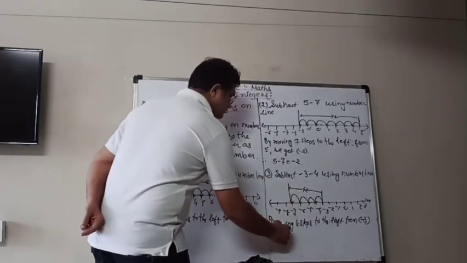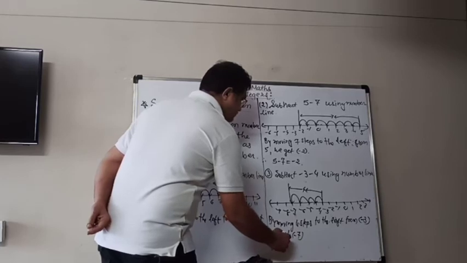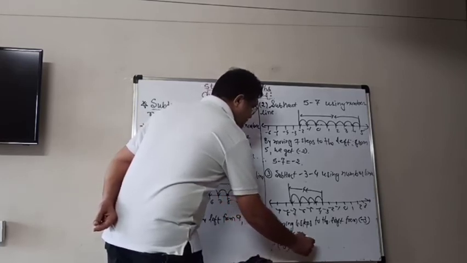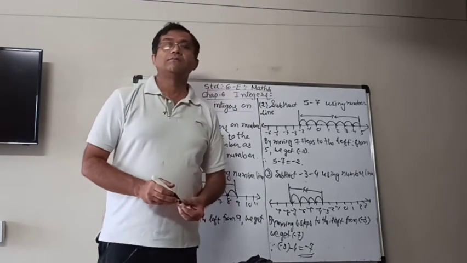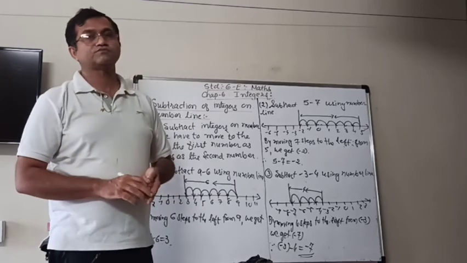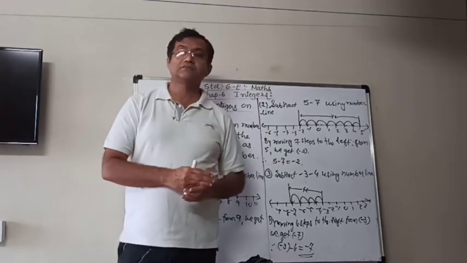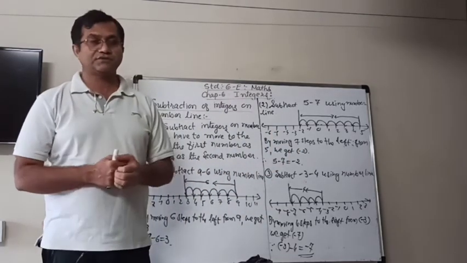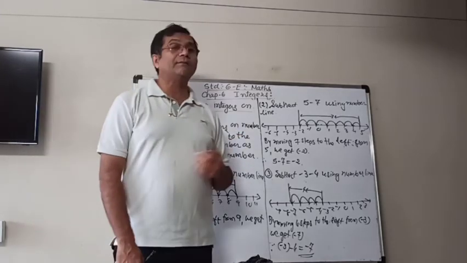Minus 7. Therefore, minus 3 minus 4 is equal to minus 7. So by this method, we can add or subtract numbers on the number line.